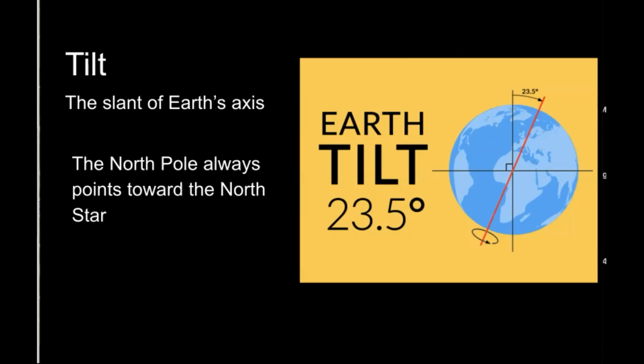The tilt is the slant of the Earth's axis. It's not completely in line with the rays of the sun. It is off by 23.5 degrees here. Okay. Click go faster when you're ready.